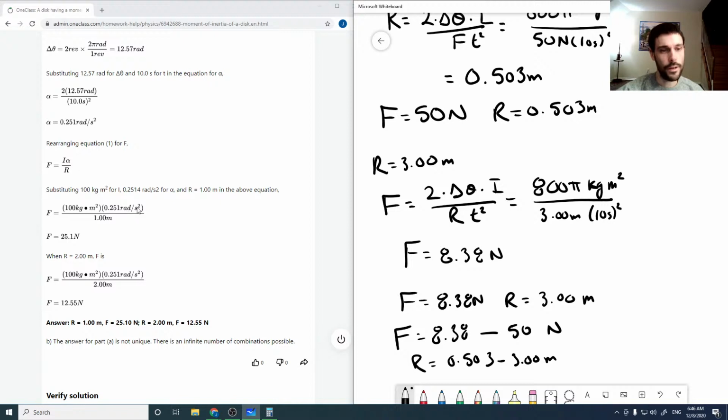So I alpha. So the alpha comes from 2 times delta theta over, and they didn't multiply by the I, right? So 2 times delta theta is this, or this delta theta is 12.57 rads. I left that as pi, 4 pi, but you can imagine that 4 times 3 comes up to be about 12.